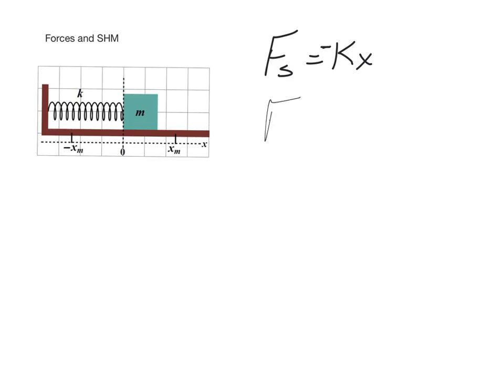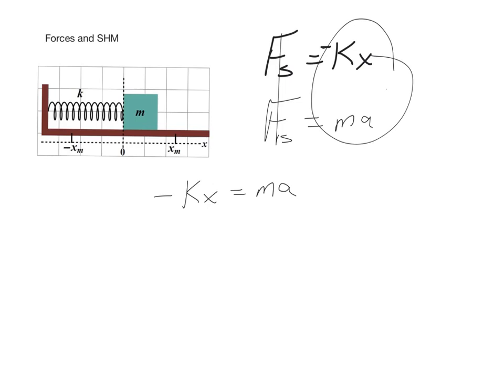And then if we release the block, that spring force is going to cause the mass to accelerate in the direction of the spring force. So that means these two are equal to each other. And from the prior equations, we find that the acceleration of simple harmonic motion is going to be equal to negative omega squared x.